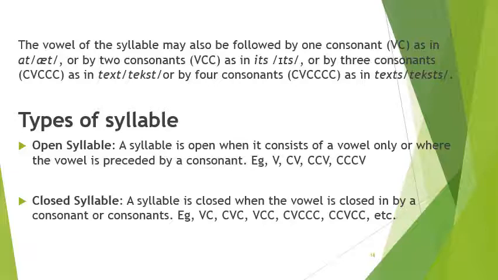So on these slides, as you can see, we can have one consonant, two consonants, three consonants, or four consonant sounds immediately coming after the vowel sound, in what is called a consonant cluster.